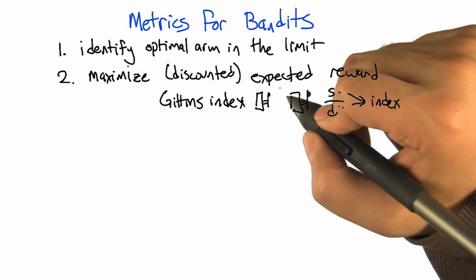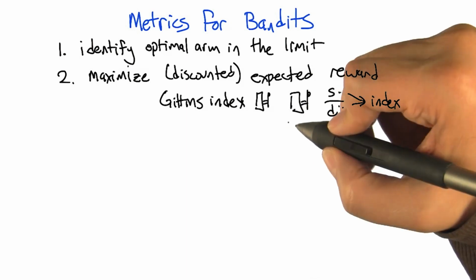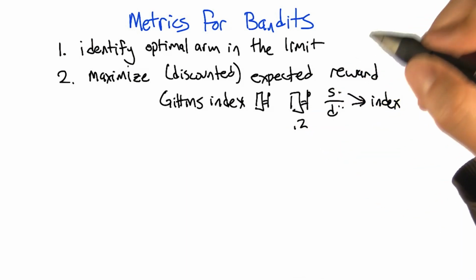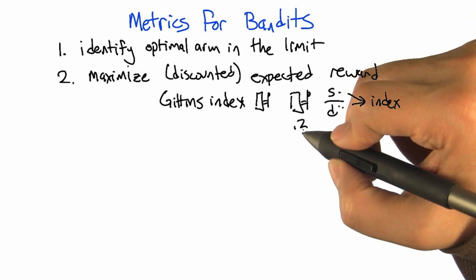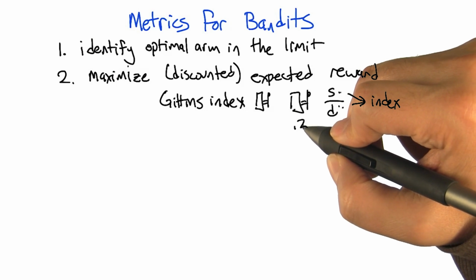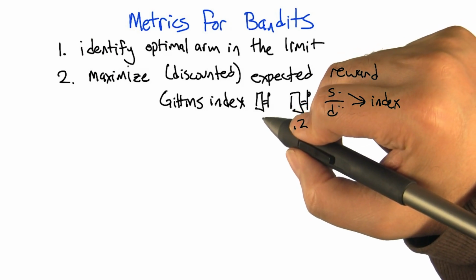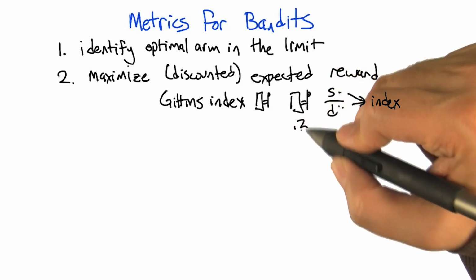And so it ends up being greater than the expected value of the arm itself, right? So if the arm has paid off 0.2 on average, but we've only tried it 20 times, then this index value is going to be bigger than 0.2. It's because I wouldn't be willing to just take a sure thing of 0.2 instead of this one, because I could pull this a couple times, discover that it's actually higher paying, and do better than the 0.2.